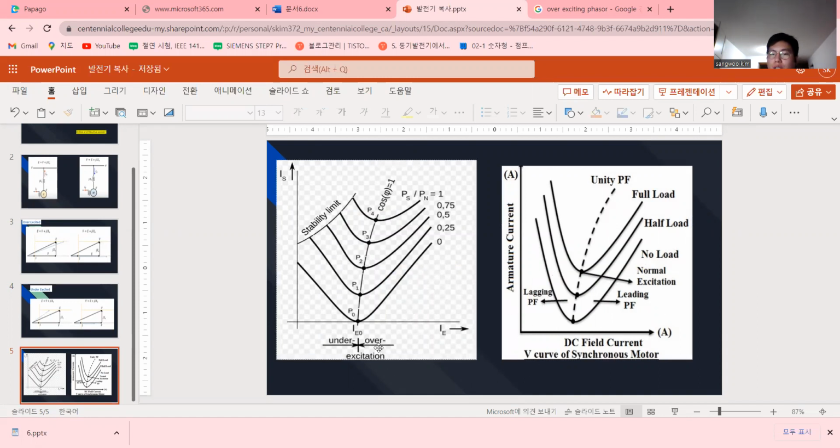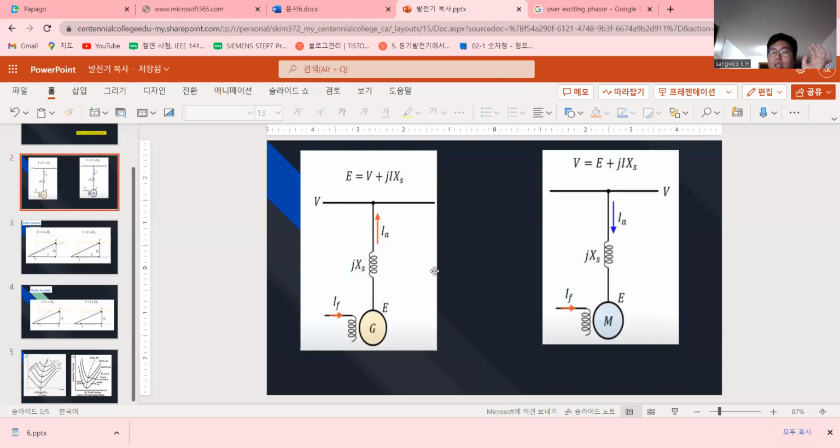As you can see here, in overexciting, for the generator part we say lagging current, right? But for overexciting here, the motor is leading. It is totally reversed. But as you can see, the generator current is just sending. So actually it is the same.